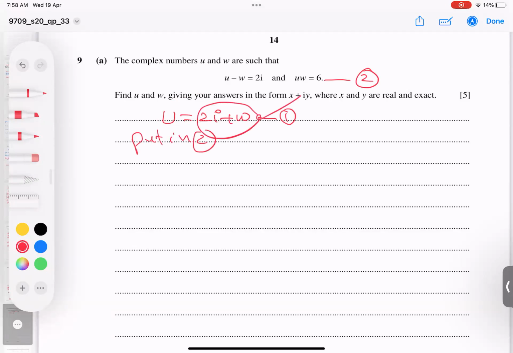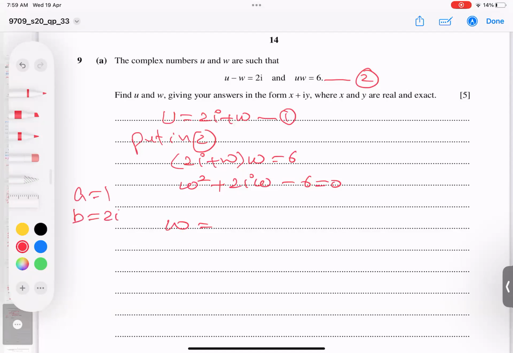So when I put this value here, it becomes 2 iota plus W times 2W equal to 6, or W squared plus 2 iota W minus 6 equals 0. And now I will use the quadratic formula. What is A? 1, B is 2 iota, C is negative 6. See the values, even take the negative also.